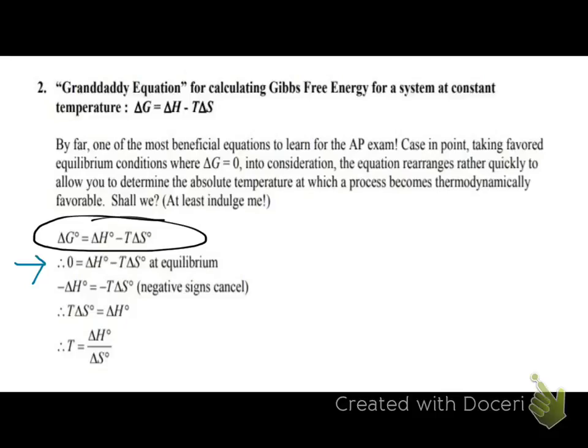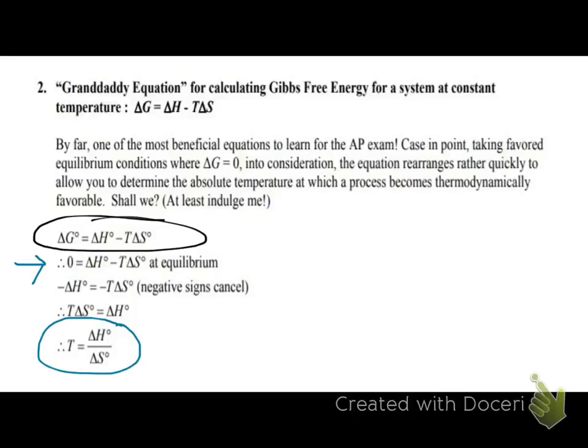Okay? So then you can do your algebra, and ultimately you can use this equation right here, which will come in handy. So if you want to solve for what temperature it becomes thermodynamically favored at, you do delta H over delta S. So highlight that, put a star by it, make a note saying that's important, because a lot of kids forget that, and that likes to show up on AP questions.